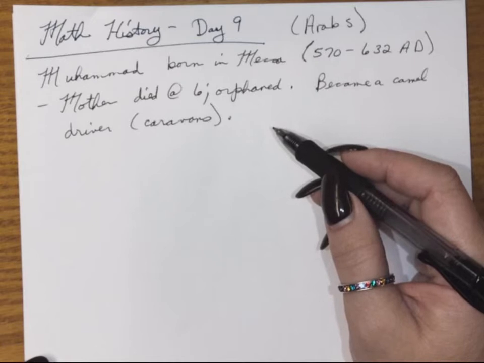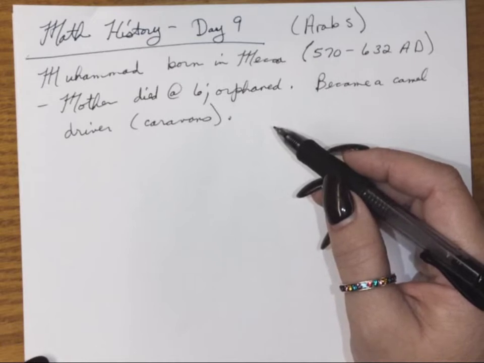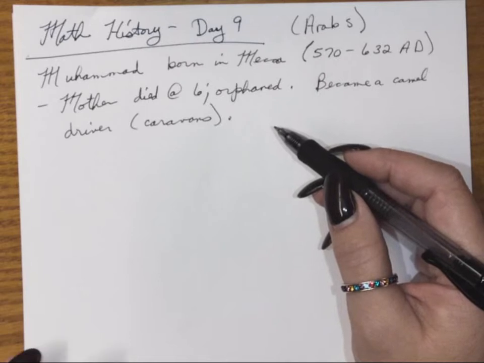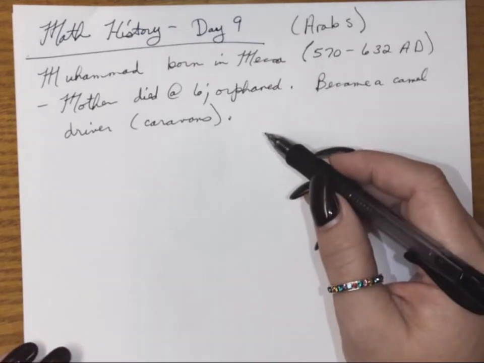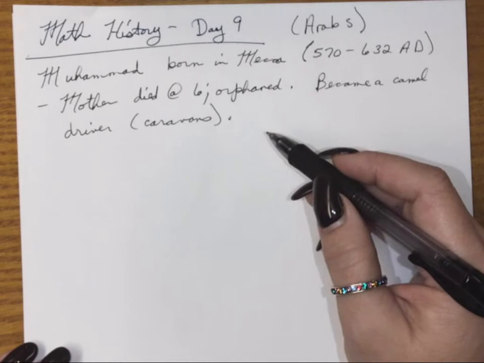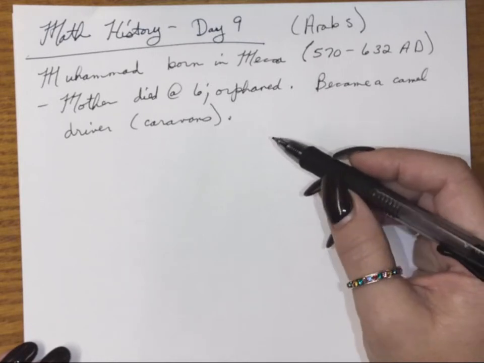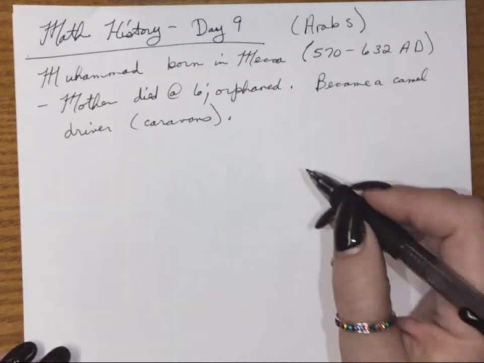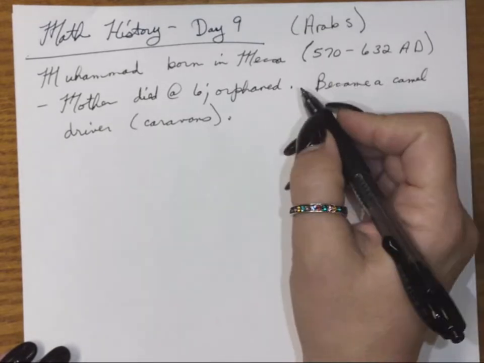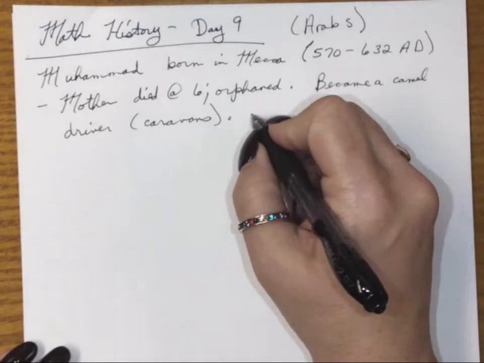He was interested in the different religions, because he saw that some religions would worship rocks and stars, and he wanted to know why. And he saw that some people didn't treat people very nicely, and he wanted to know why, so he started questioning those things. And then he married a wealthy widow.